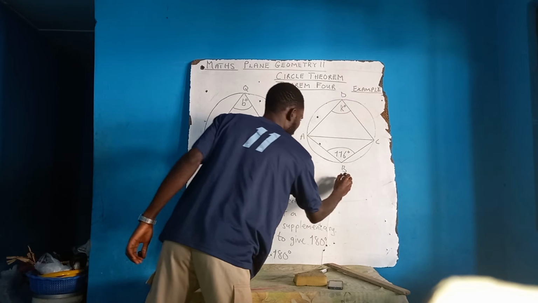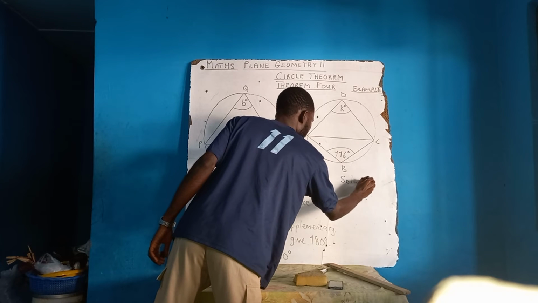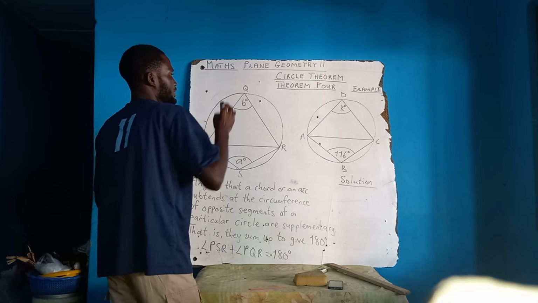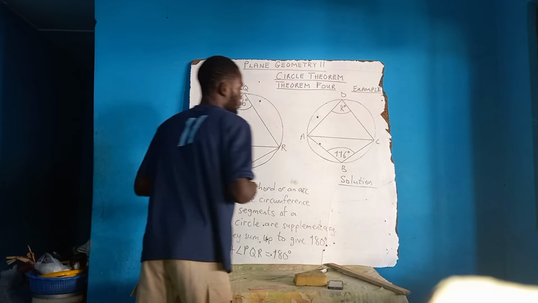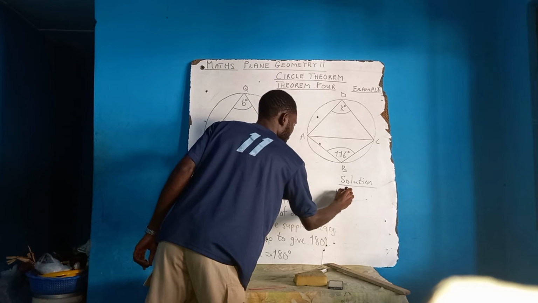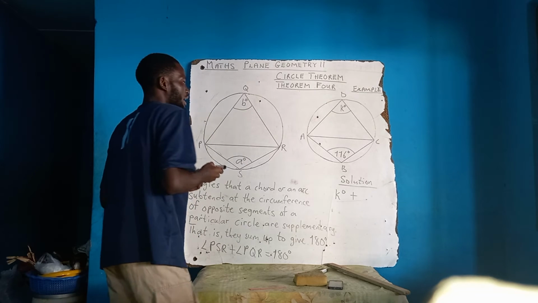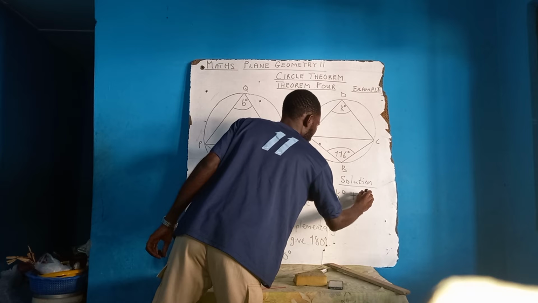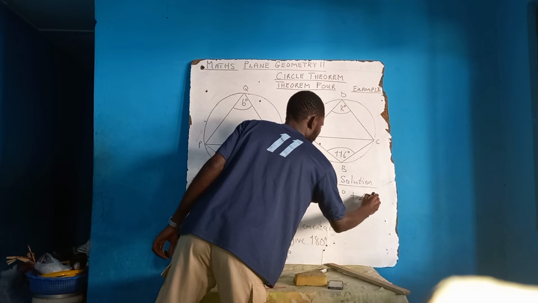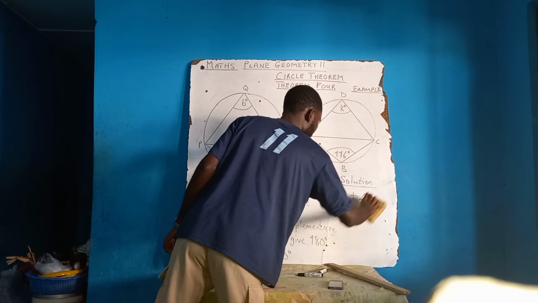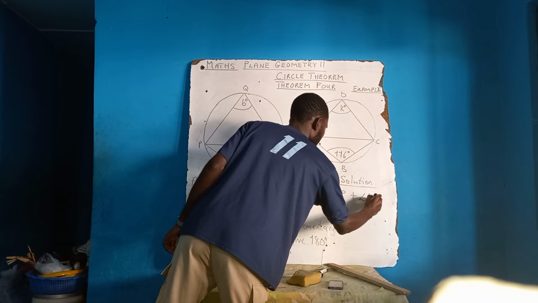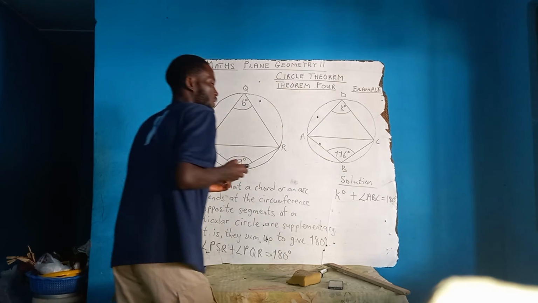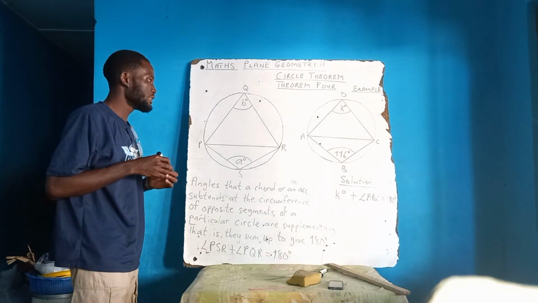So our solution for this example is going to be: angle ADC, which is K degrees, plus angle ABC, which is 116 degrees, must be equal to 180 degrees.